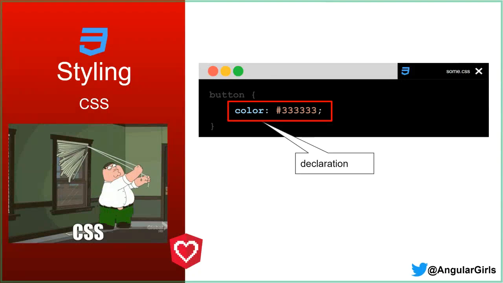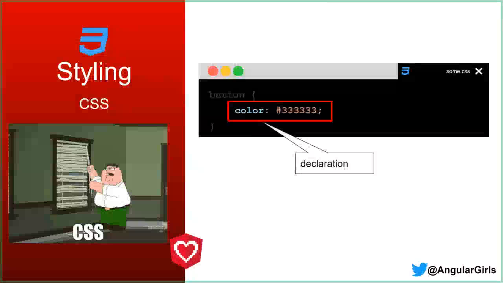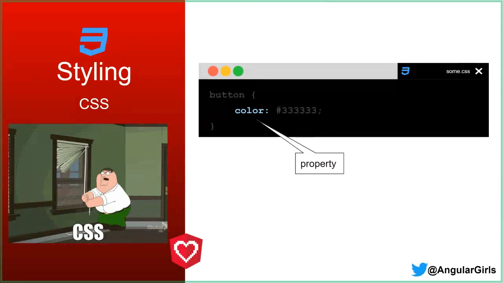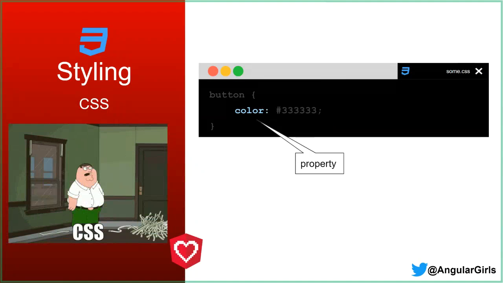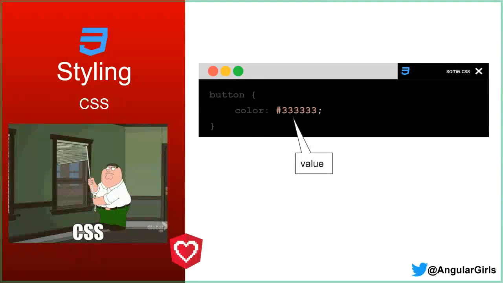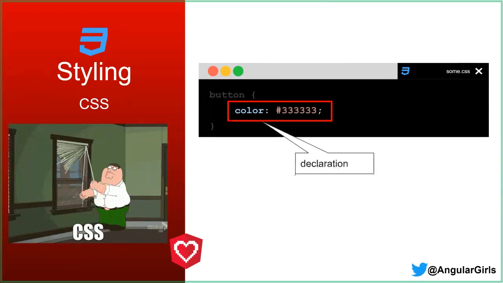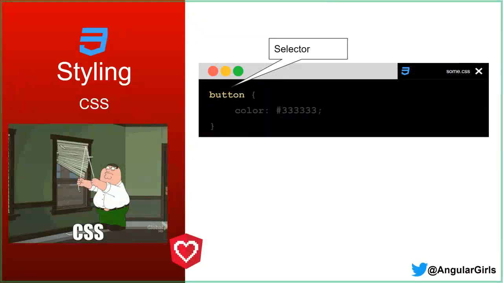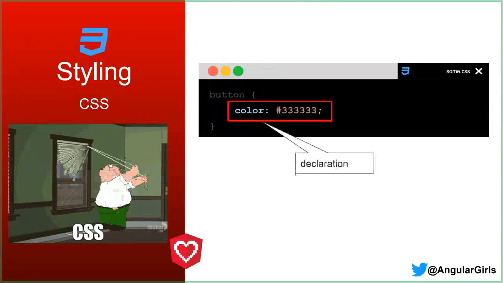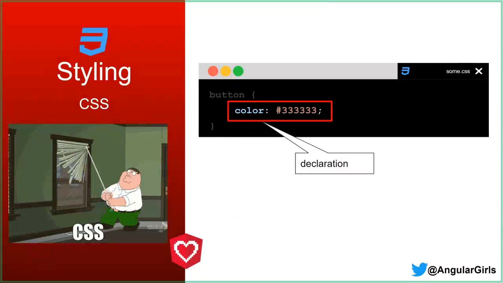In this case, a color, but it could be more. You could also have another declaration for font size and so on. And this declaration consists of a property and a value, just for the naming. So the selector says which elements should be selected by this CSS definition, and the declaration says what the CSS definition is doing.